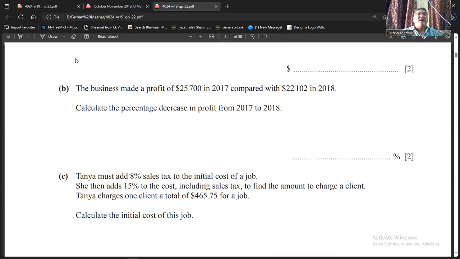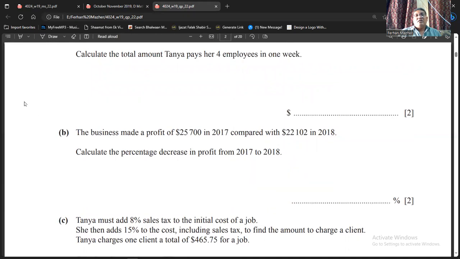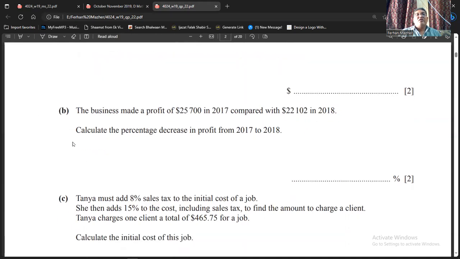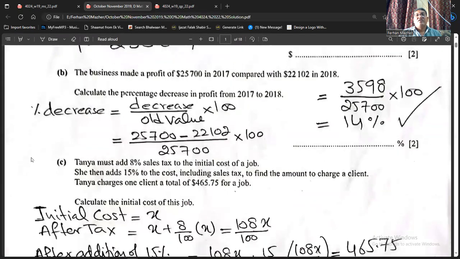So we want to find out the percentage decrease. That is decrease divided by the old value multiply 100.